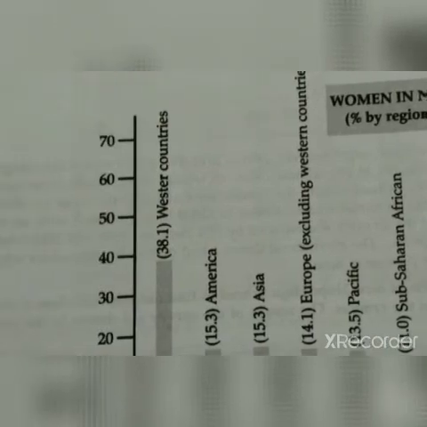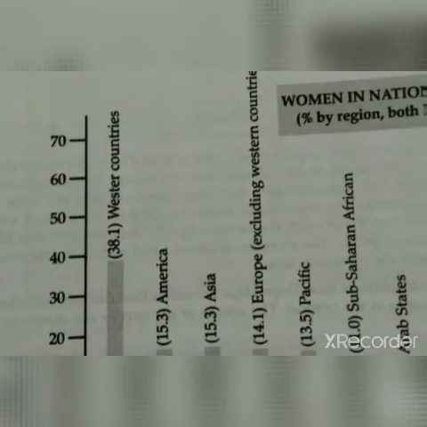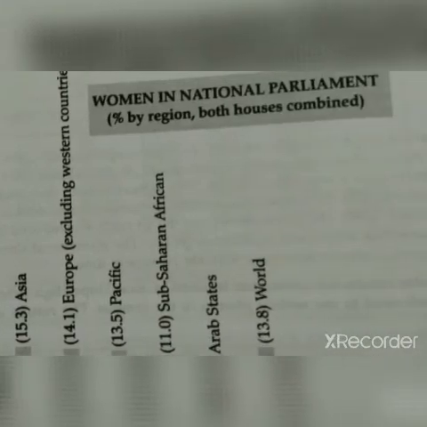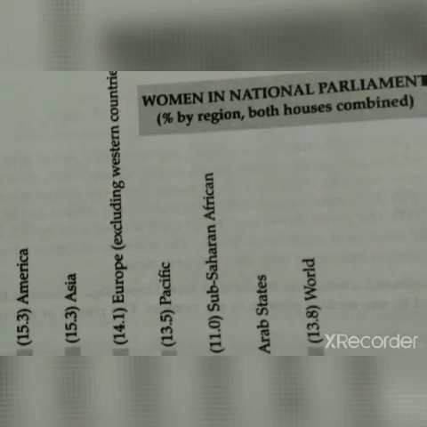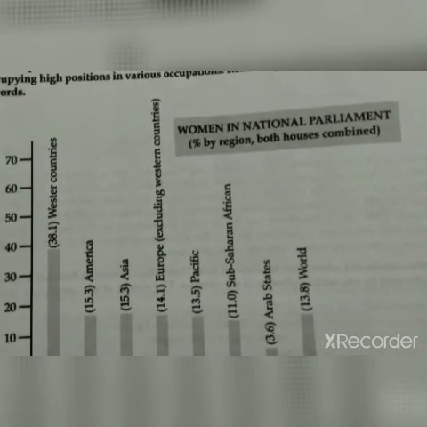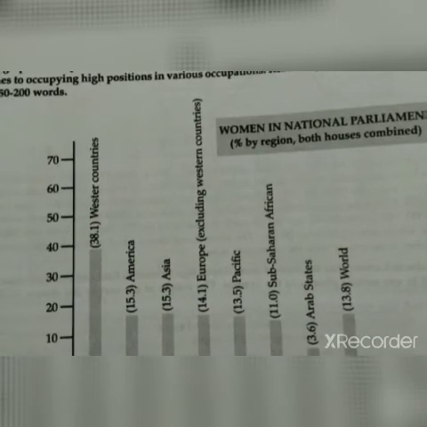These are the things given, and in the y-axis you can see the number, and what is the heading? Women in National Parliament. So percentage by region, both houses combined. So these are the things with us. So you have to write this as an analytical paragraph. So how will you write?